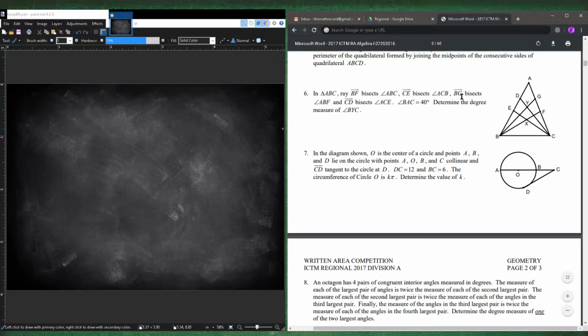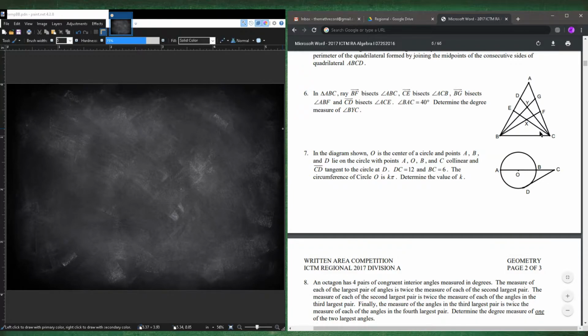Then BG bisects ABF. What I'm guessing for the next ones is that this is 1/4 of the angle, this is 1/4, and this is 1/2. I mean not area, the angle. So they all add up to the whole angle.